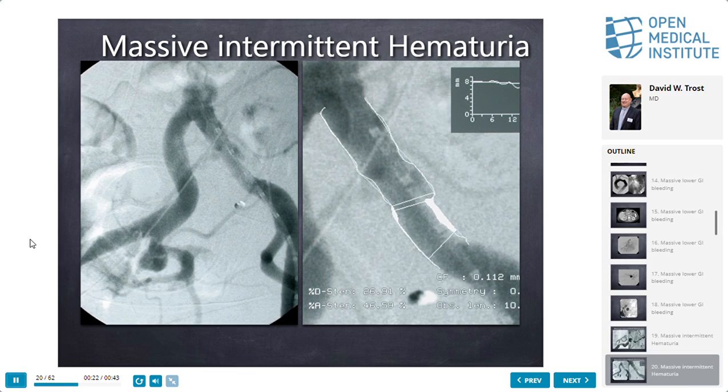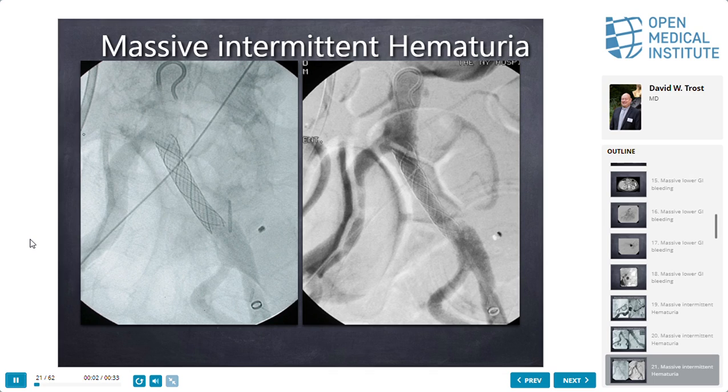And it's hard to see, but right here, that's blood coming right out of the iliac artery into the ureter, which of course at this point now there's blood squirting out the side of the patient because it's just filling the conduit. So we put the tube back in and measured it and placed a stent graft across, and then took the tube back out again, and there was no more bleeding.